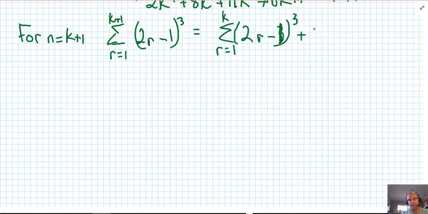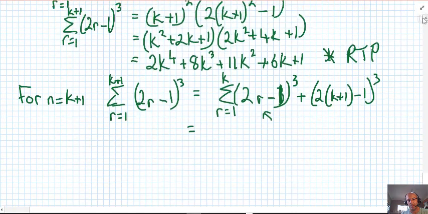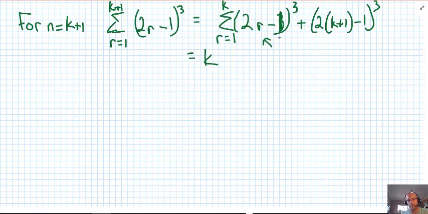So it would be 2 outside of (k plus 1) take 1 all cubed. Now we have a result for this part here. Okay, before we found that it was k squared outside of 2k squared take 1. So write that in. Add in the inductive term.